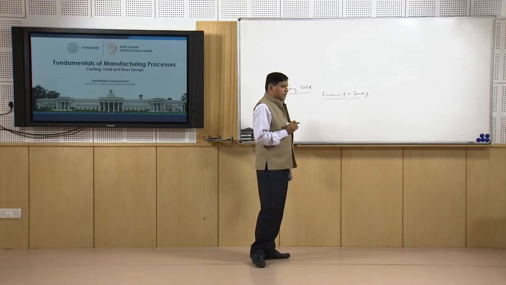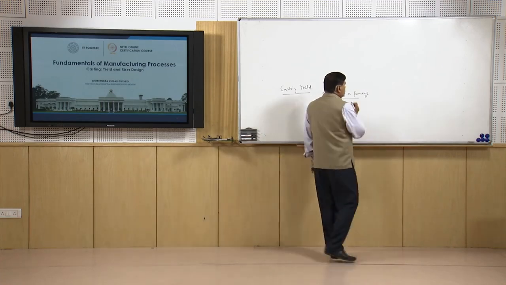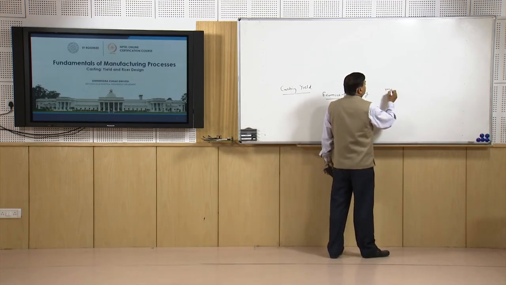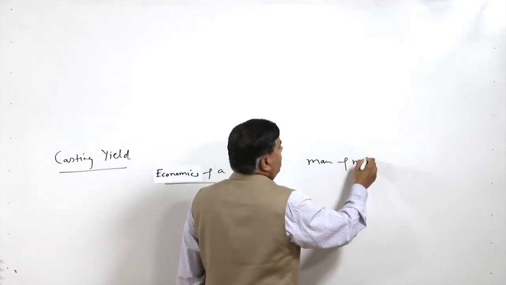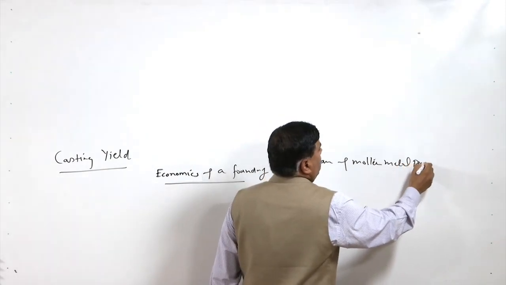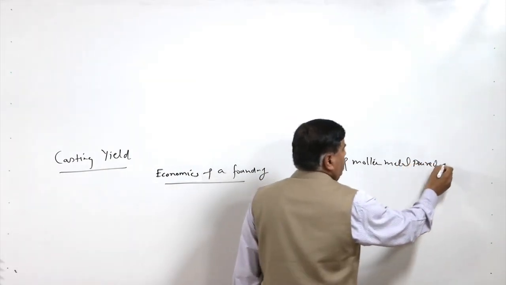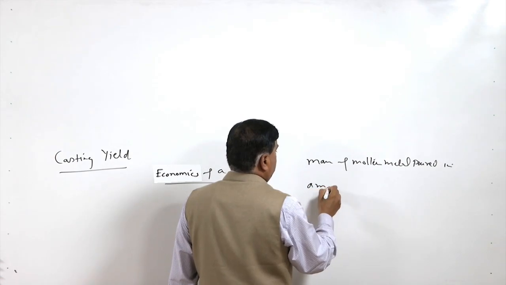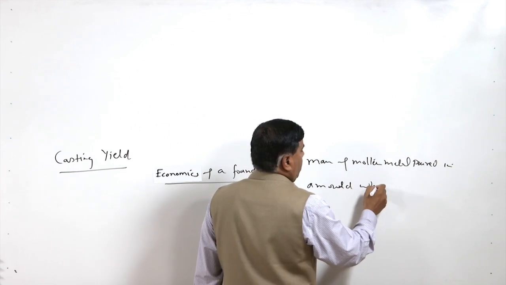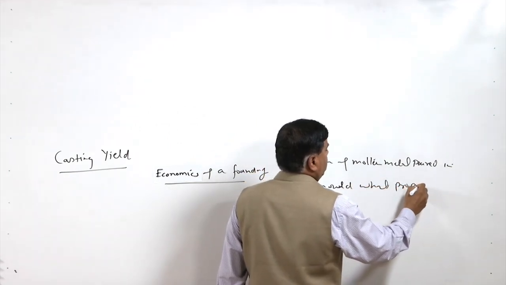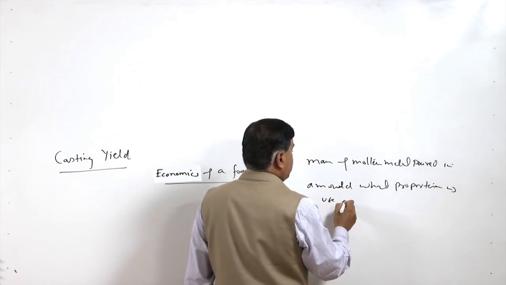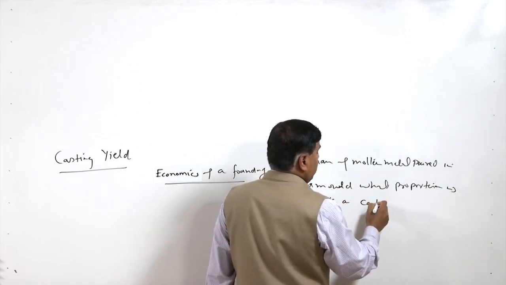So, casting yield means, for a given mass of molten metal poured in a mold, what proportion is used as casting.